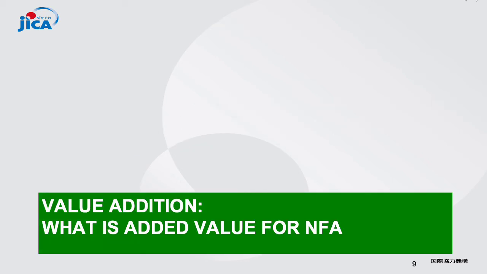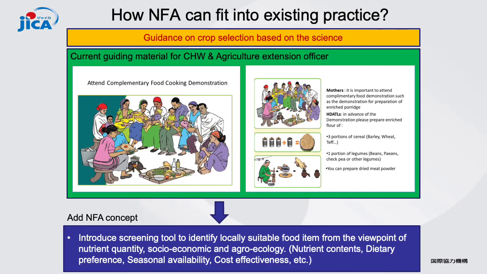Next, I'm going to explain what is added value by introducing a nutrient-focused approach. This is one possible application of a nutrient-focused approach into existing nutrition action. In this slide, left side figure shows a very typical case of nutrition action in the community level.